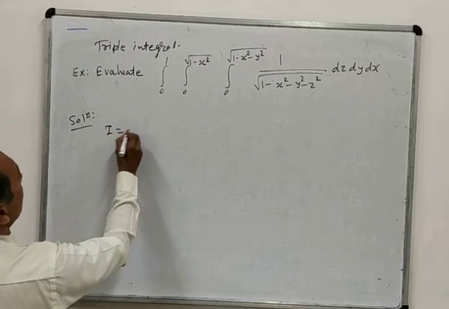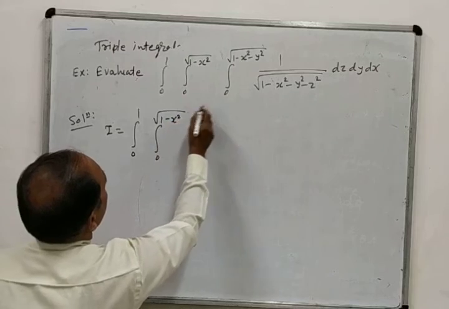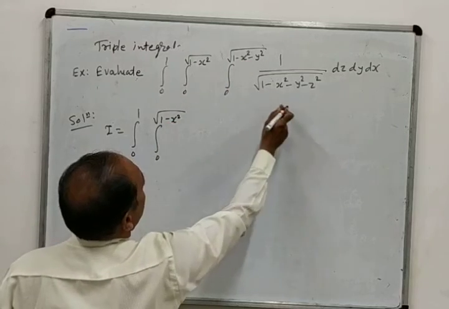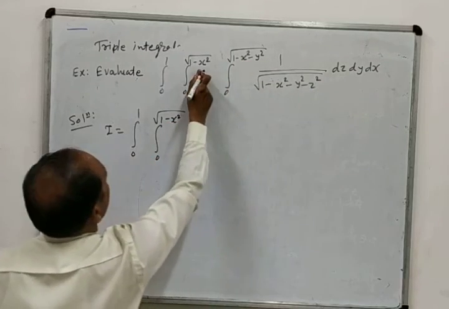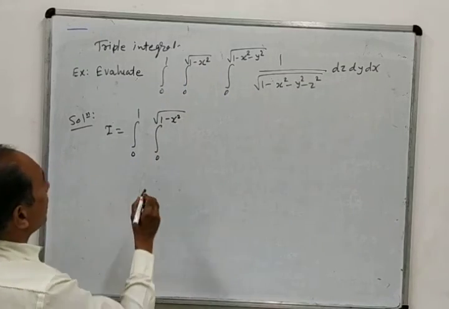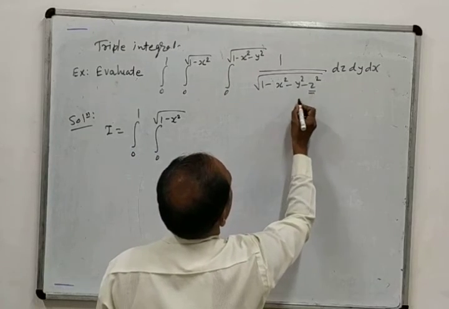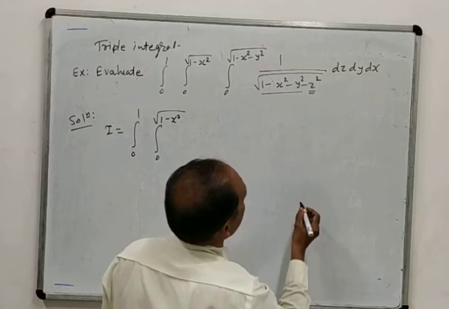So here the limits are 0 to 1. Actually you can observe that these are the limits of z, because x and y. So dz, then the integration limits of y, so dy, so the order is correct. Now the integration with respect to z: z is considered as the variable and the others are considered as constants.